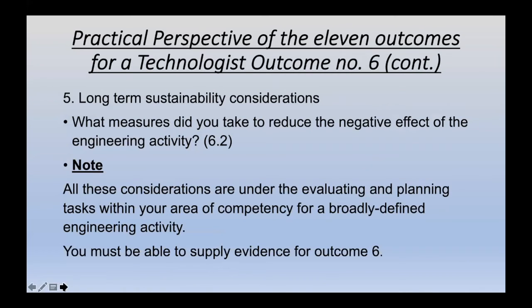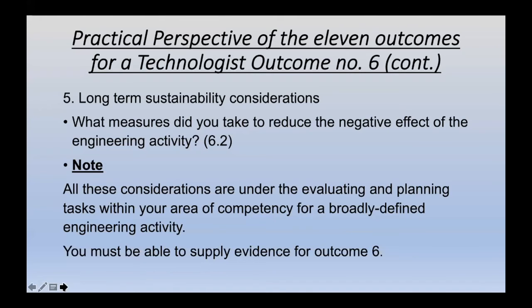Now you have to also take the long-term sustainability considerations, for instance, like the maintenance of a water network or of the road, of the stormwater. These you take into consideration, labor and job creations. All right. What measures did you take to reduce negative effect of your engineering activity under item 6.2?